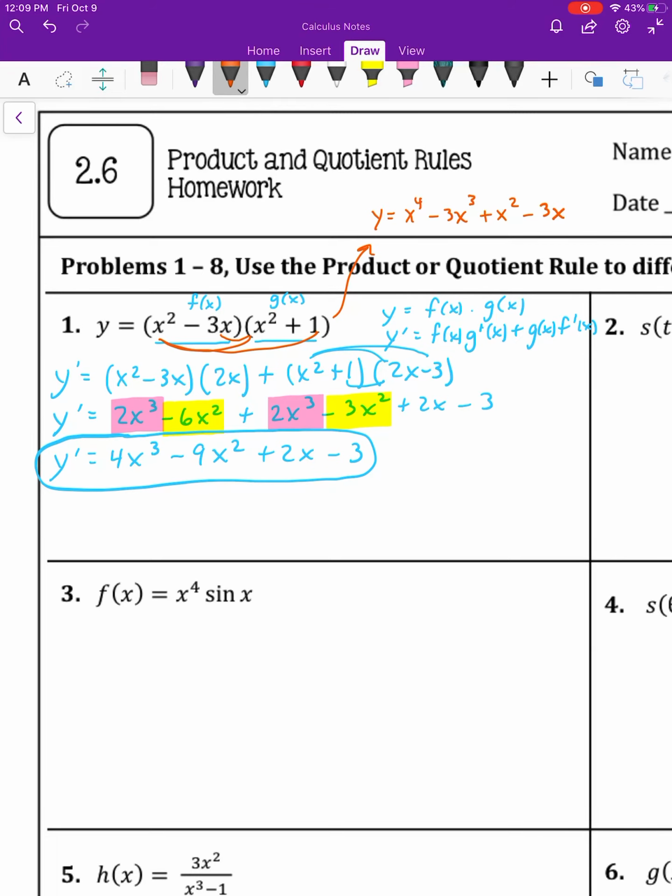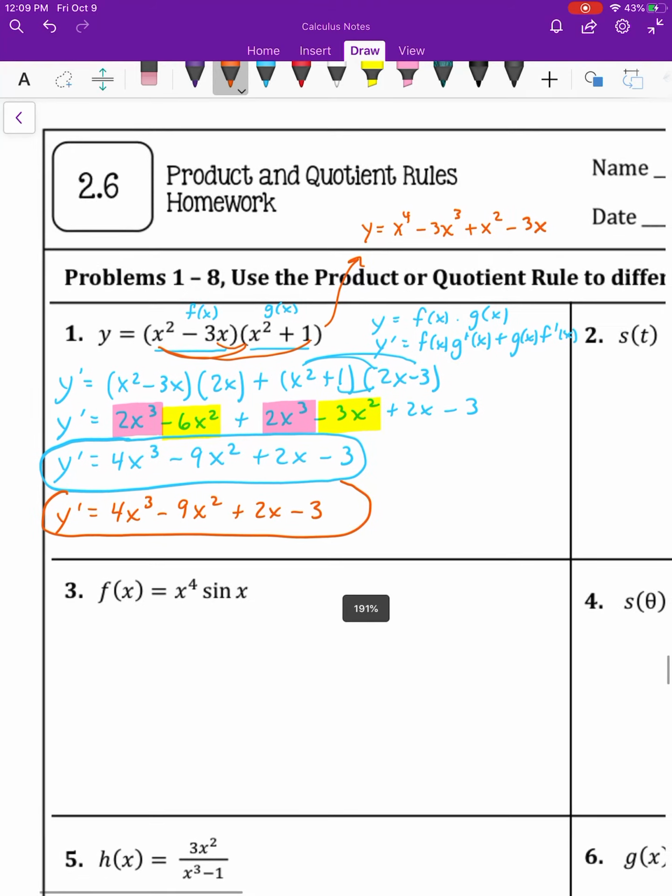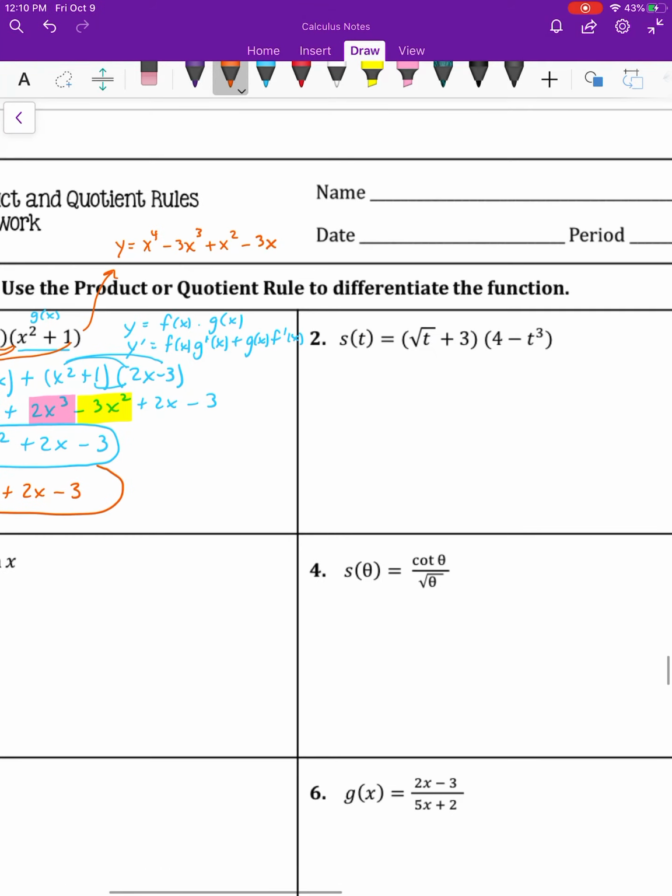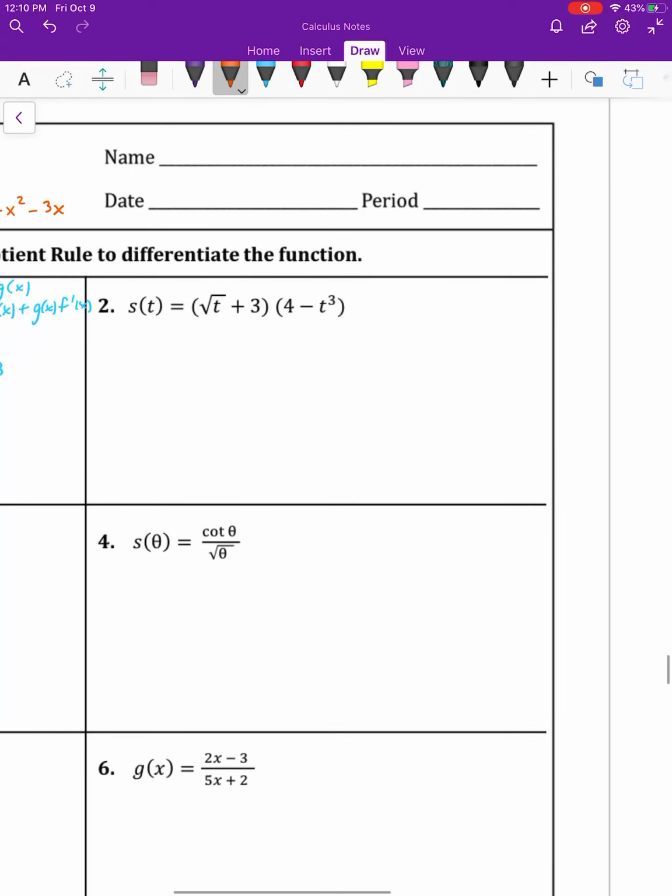So if I took the derivative of that, what would I get? 4x cubed minus 9x squared plus 2x minus 3. So either way, you're going to get that same derivative. And you just need to practice the product rule, though, because sometimes you can't multiply it out. They're giving you easy ones that you could check like that, but sometimes you can't do that.